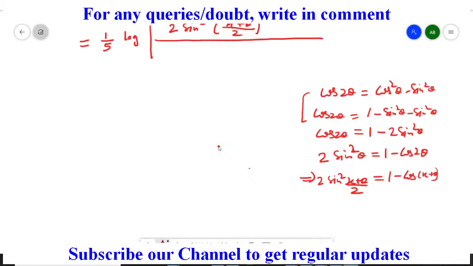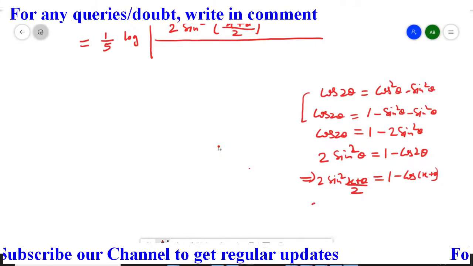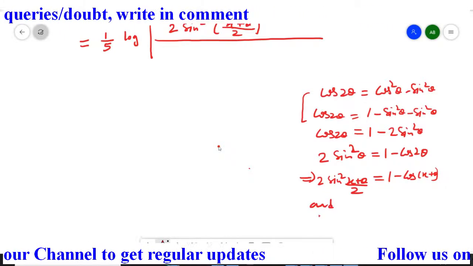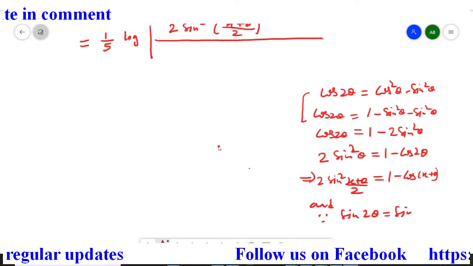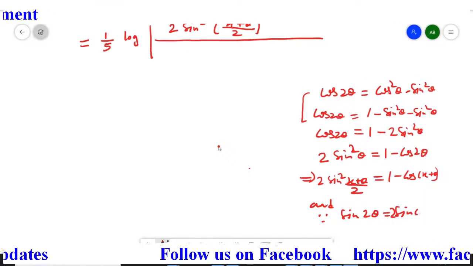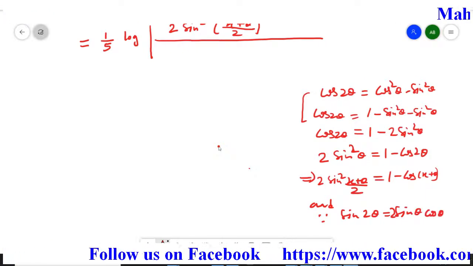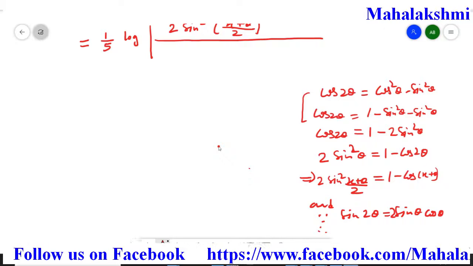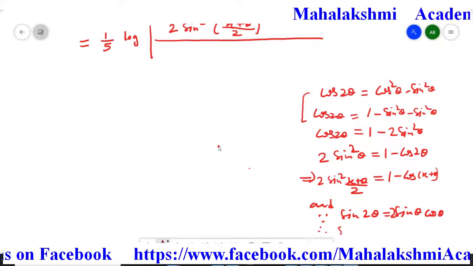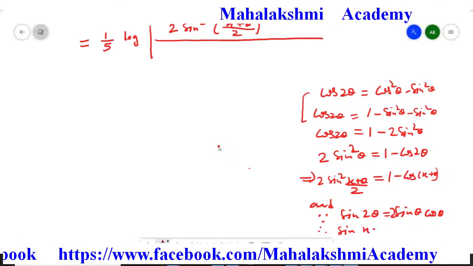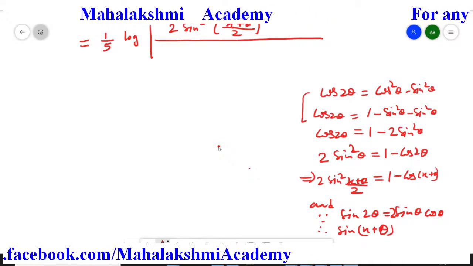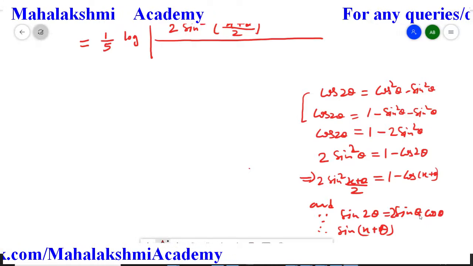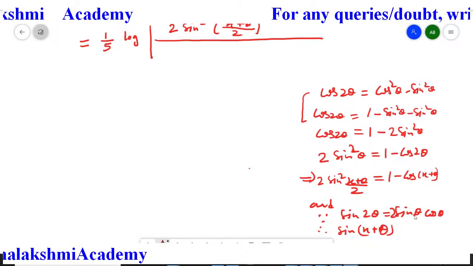So first we understand how we have to change it. Since sin 2 theta is 2 multiplied by sin theta cos theta, if we have sin(x + theta), then where you have 2 theta, you take just half of 2 theta, that is only theta.